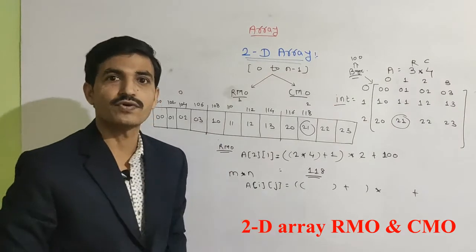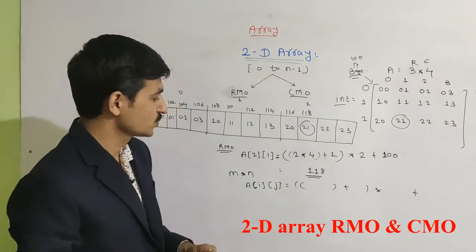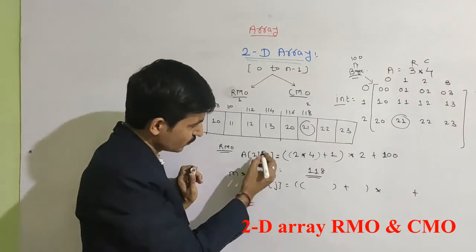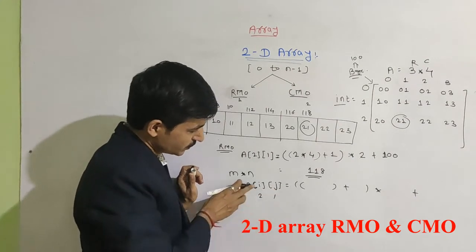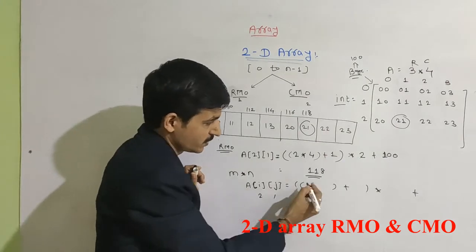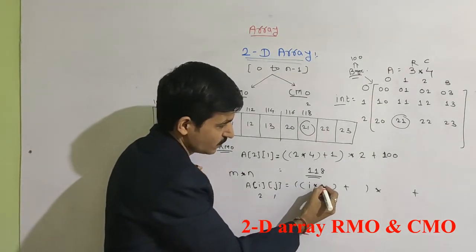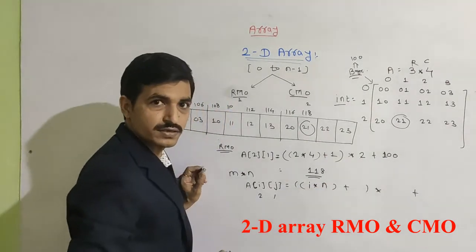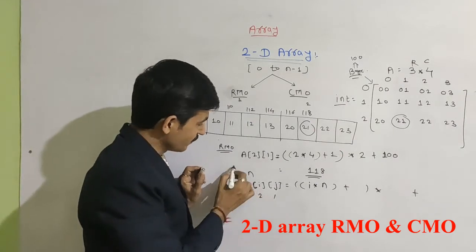Now we will write it in terms of the formula. I want to find out the location 2, 1. So first 2 rows should be crossed, so i into the total number of elements in each row, that is 4.